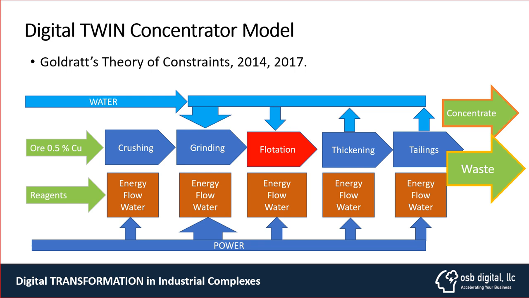But if we do have the right size distribution that we can create in the grinding to both liberate the material and to really have the right size distribution for the thickening to extract as much water as possible, as we can see.